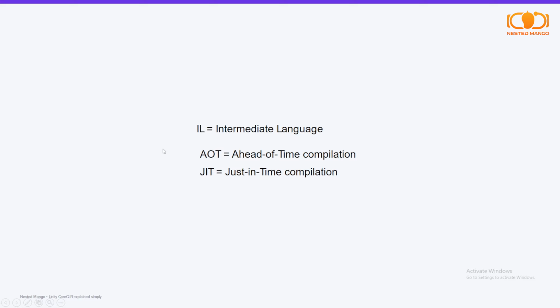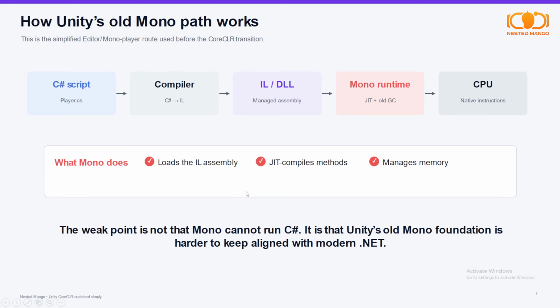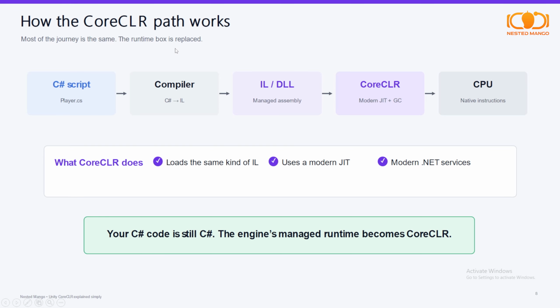A book is in Hindi, I give it to you, and I have translated the whole book; that is AOT, ahead-of-time compilation, as we have already converted it. JIT, just-in-time compilation, means I have one book in Hindi and I give you some technology so that whenever you go to one page it gets converted into English, and whenever you go to the second page it is converted into English. Everything is happening just in time, in that instant, so we call that JIT. The same thing works in Unity, and we will talk about that. So I hope you get the idea of what Core CLR is.